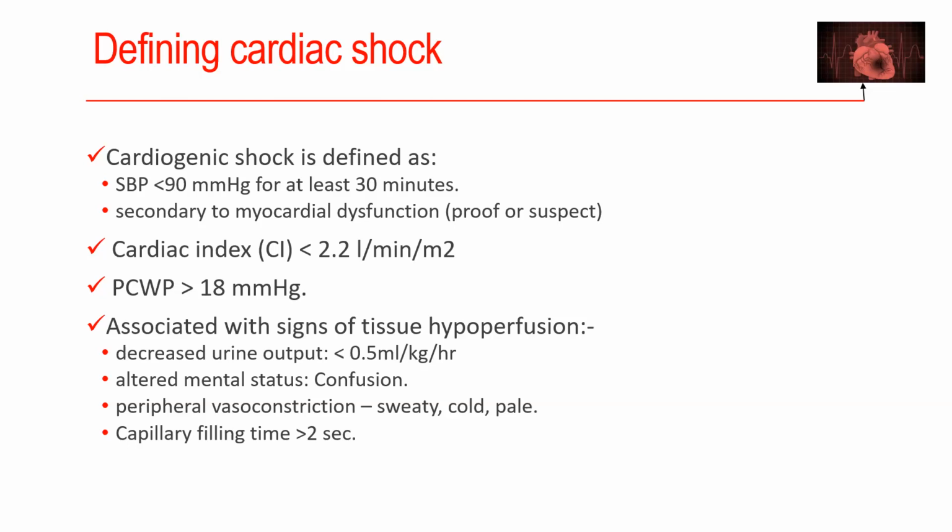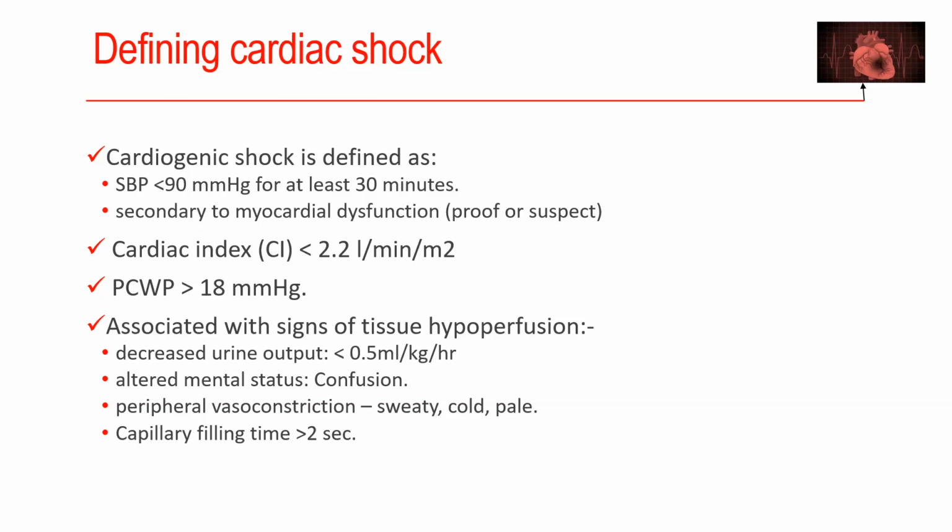CVP should always be lower than wedge because CVP is about filling the right heart. And the right heart is a thin wall with a big diameter, and the left heart is a thicker wall with a smaller diameter. So wedge pressure up, lungs are wet, cardiac index less than 2.2, systolic pressure less than 90, and you suspect myocardial dysfunction.